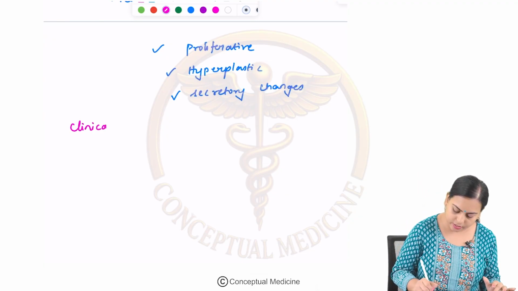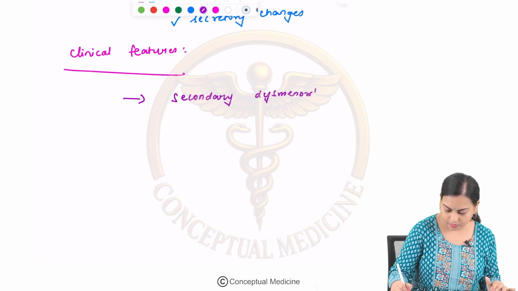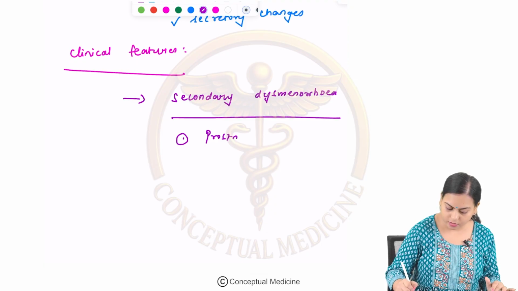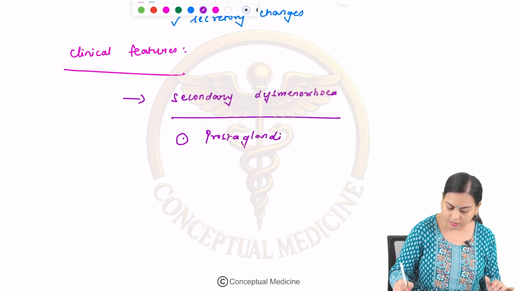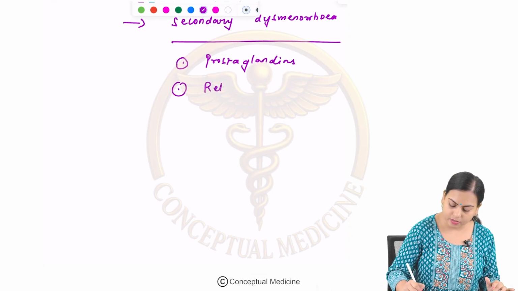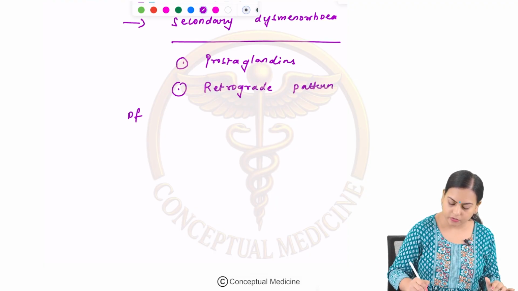Clinical features can include secondary dysmenorrhea, which is mainly due to prostaglandins, and there can be a retrograde pattern of uterine contractions as well.